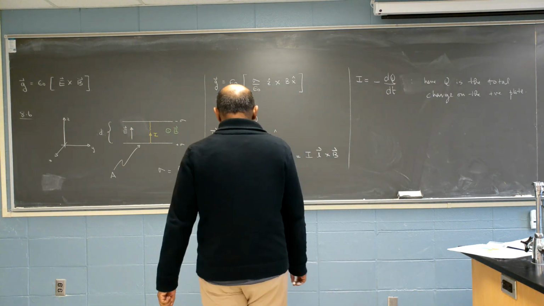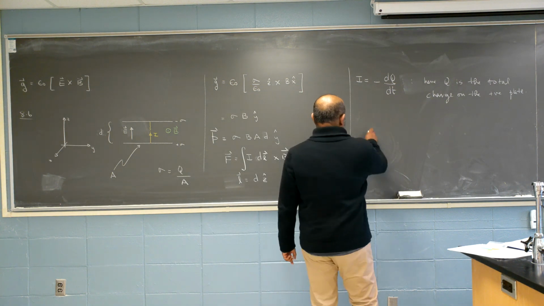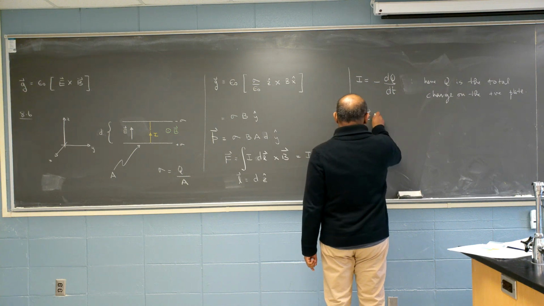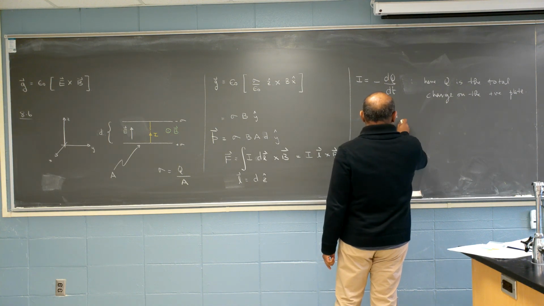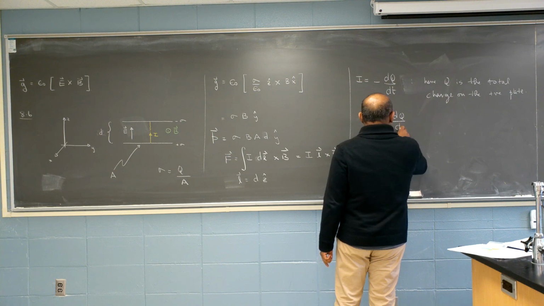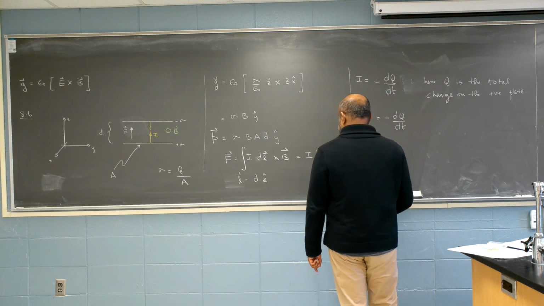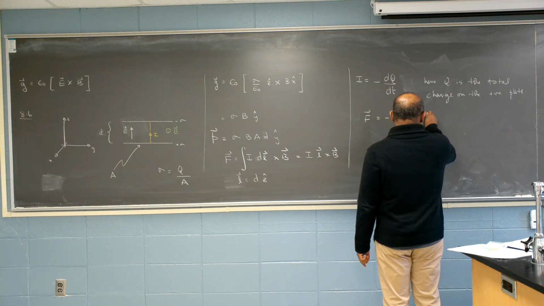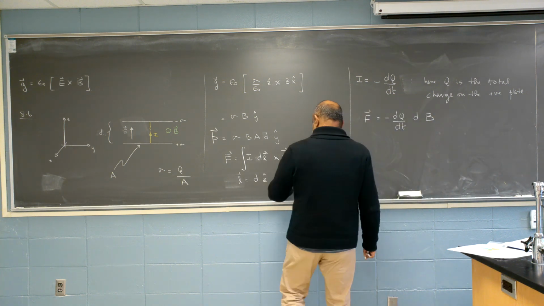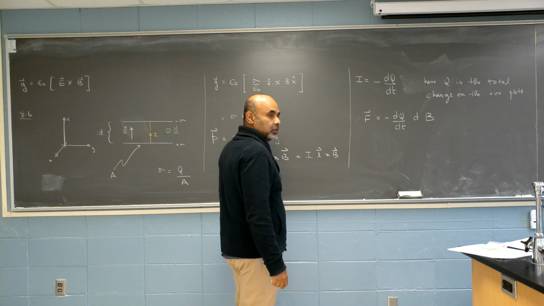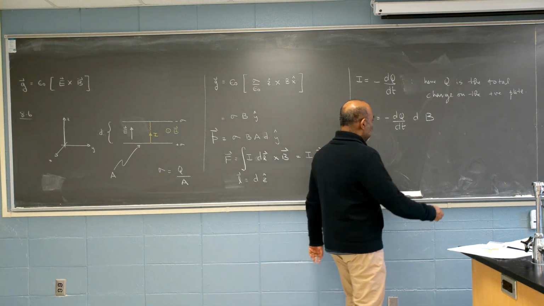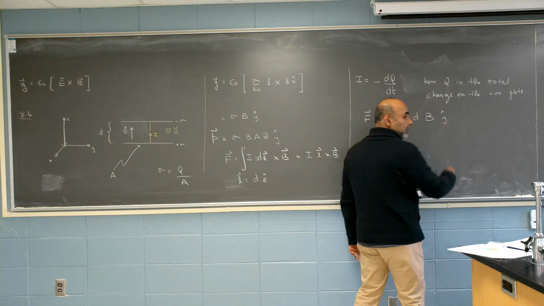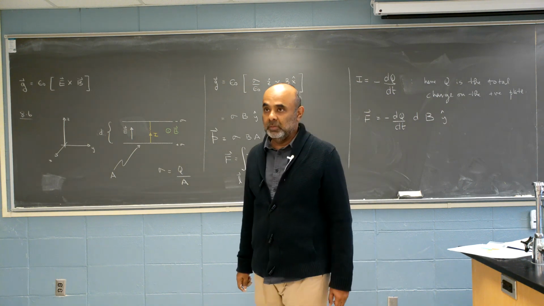So F is equal to minus dQ/dt times d times B, z cross x, again, that is y hat. That's the force on the wire.